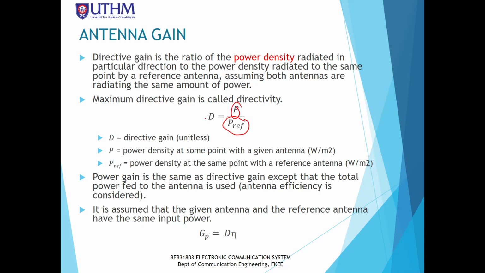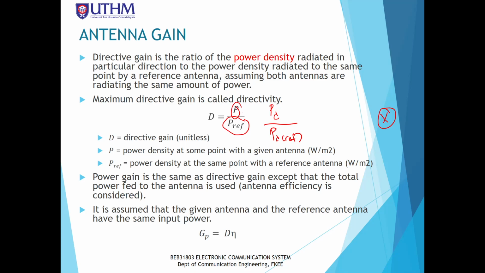D is a unitless parameter. Actually we do PD divided by PD reference, where PD, power density, is power per unit area at a given point. Pada satu-satu point dalam satu kawasan.